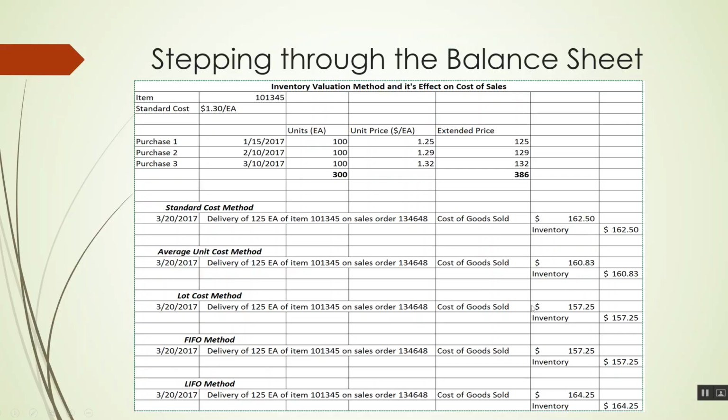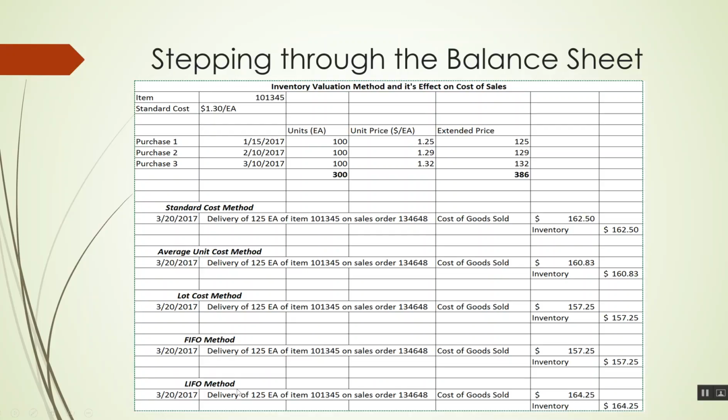Okay. Same idea for the lot cost. In this case, it was lot specific. So I sold 125 units again, 100 units out of my first purchase, an additional 25 out of the next one. So when I do the math on that one, I get my $157.25. Under my FIFO basis, I get the same one because my physical inventory flow followed my cost tier flow in this case.